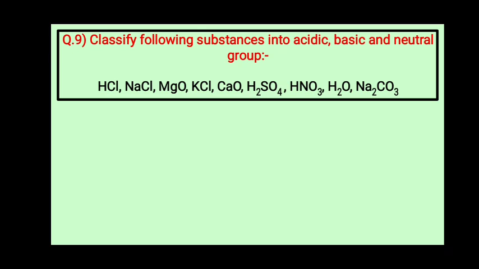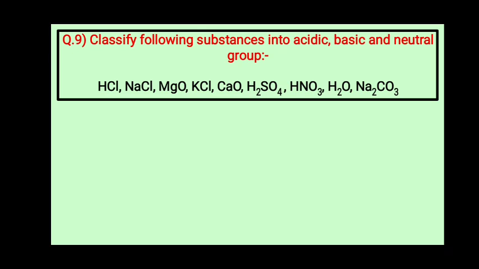Sodium chloride is a salt. That means it is a neutral substance. MgO, magnesium oxide. Magnesium oxide is a base. KCl, potassium chloride. Potassium chloride is a salt. So potassium chloride is a neutral substance.